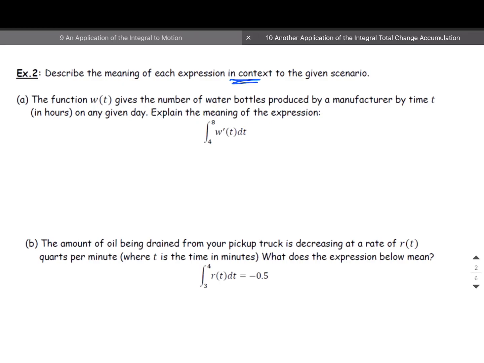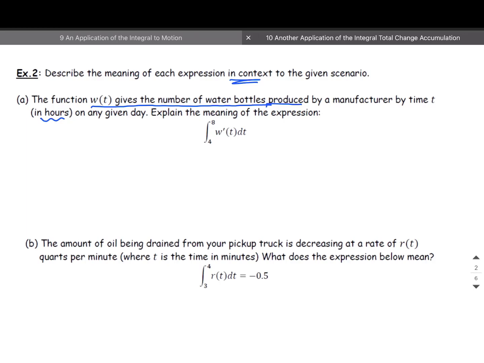The function W of t gives the number of water bottles produced by a manufacturer by time t in hours on any given day. Explain the meaning of the expression, the integral from 4 to 8 of W prime of t dt. So W prime is like having the velocity when W is the position, okay? So it's the change in the production.